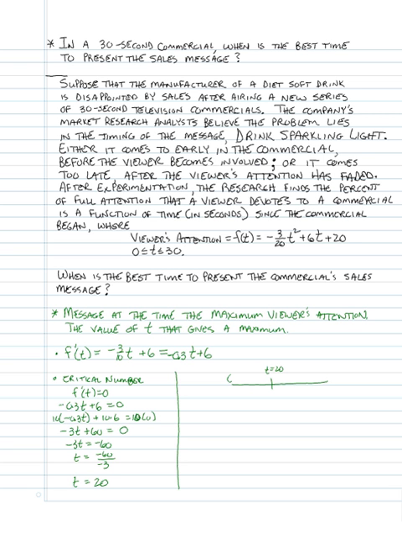We have the interval from 0 to 20. Remember, t is not going to be less than 0. And we have the interval from 20 to 30. T is not going to be bigger than 30. It's only a 30-second commercial, pardon me. And so now we're going to do our testing.